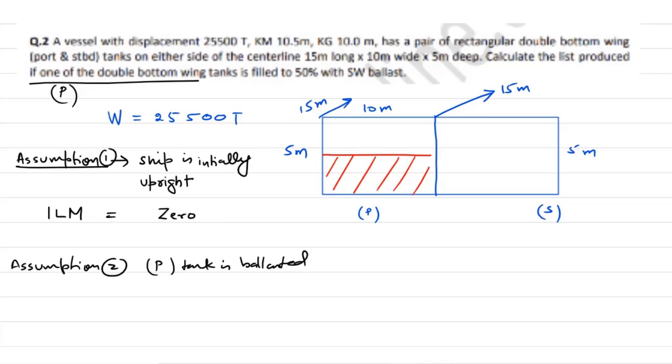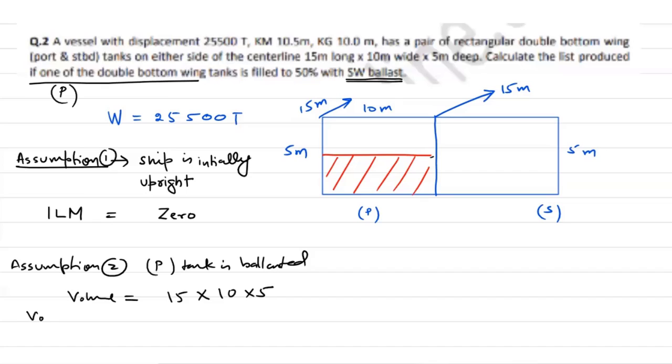So if you ballast the port tank, and you are going to ballast with salt water, by the way, and it is 50%. What is the volume of port tank? The port tank, 15 into 10 into 5, 750. But it is filled only 50%.